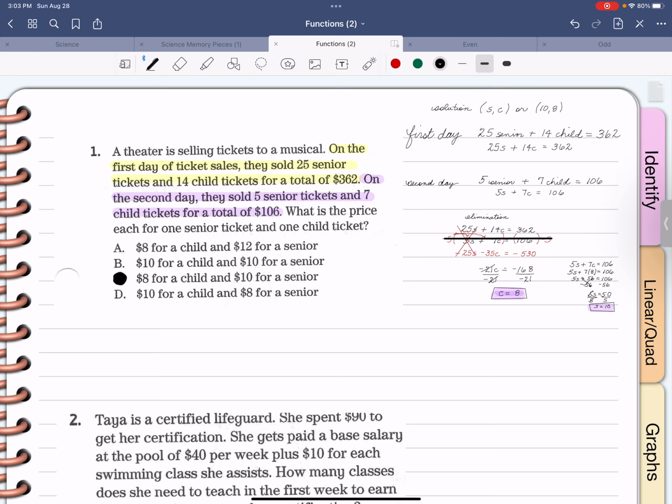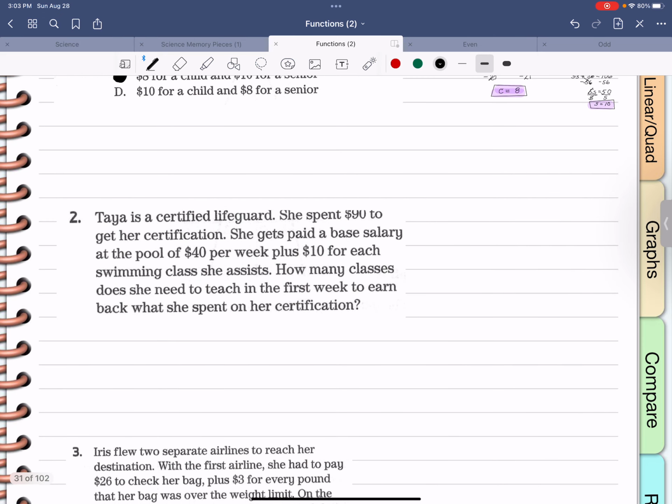Okay, number 2. Taya is a certified lifeguard. She spent $90 to get her certification. She gets paid a base salary at the pool of $40 per week, plus $10 for each swimming class she assists. How many classes does she need to teach in the first week to earn back what she spent on her certification?